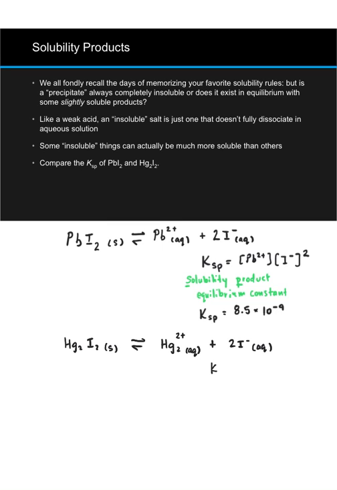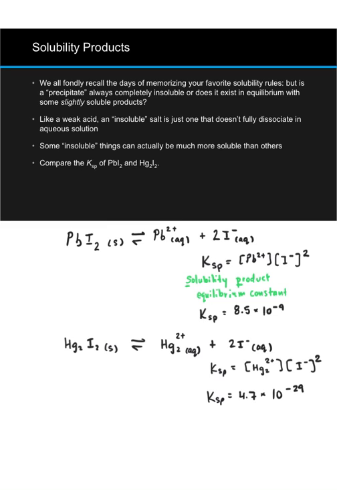The KSP expression for mercury 1 iodide looks like the Hg2 2+ concentration times the I- concentration squared. And it has a tabulated KSP of 4.7 times 10 to the negative 29 at 25 degrees Celsius.